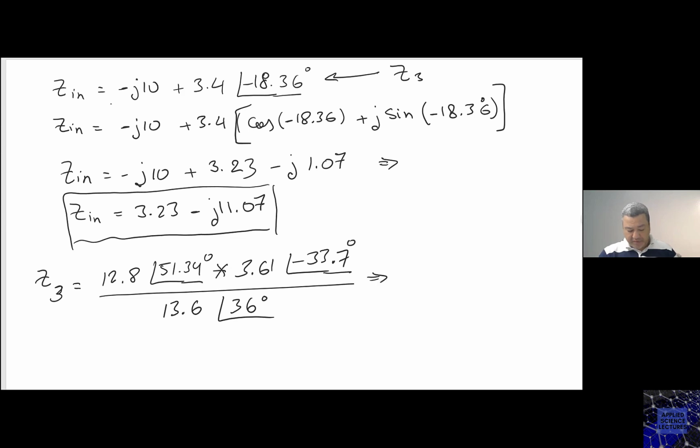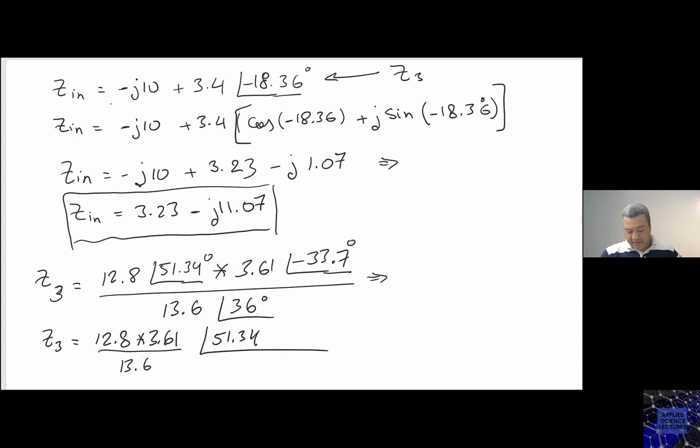So Z3 was 12.8 times 3.61 divided by 13.6, and the angles here was 51.34.